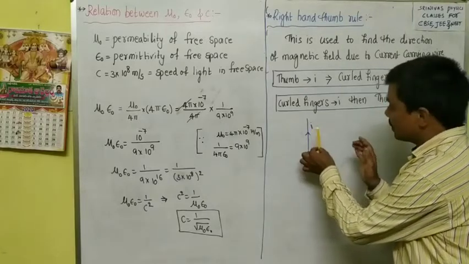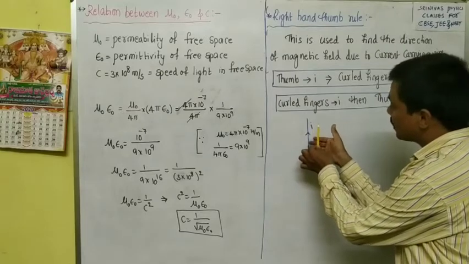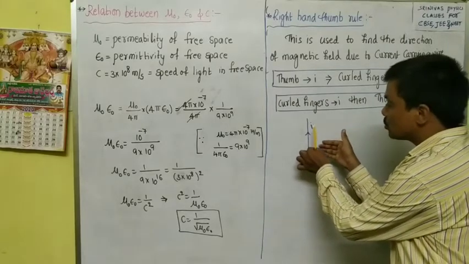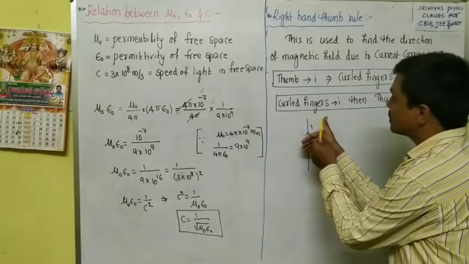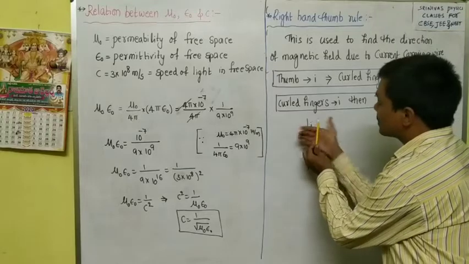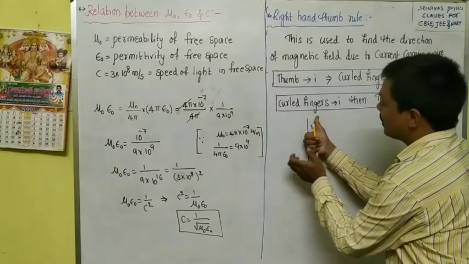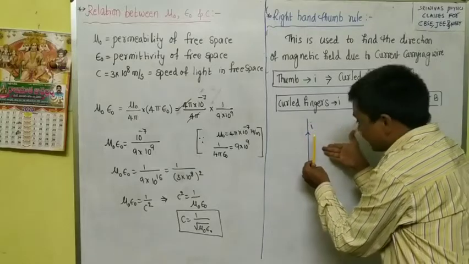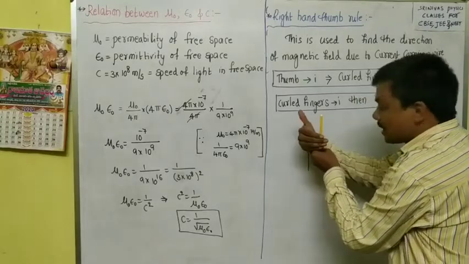We have to hold the current carrying wire in such a way that the thumb shows the direction of the current, upward, and the curled fingers go like this: this side entering and this side coming outward.